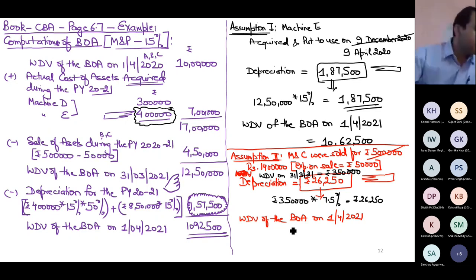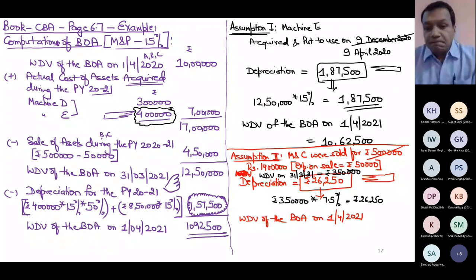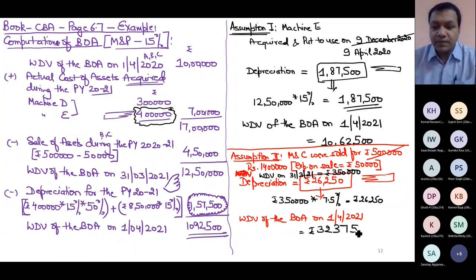And WDV of the block becomes, what is the WDV of the block now? Next WDV becomes how much? 323,750.